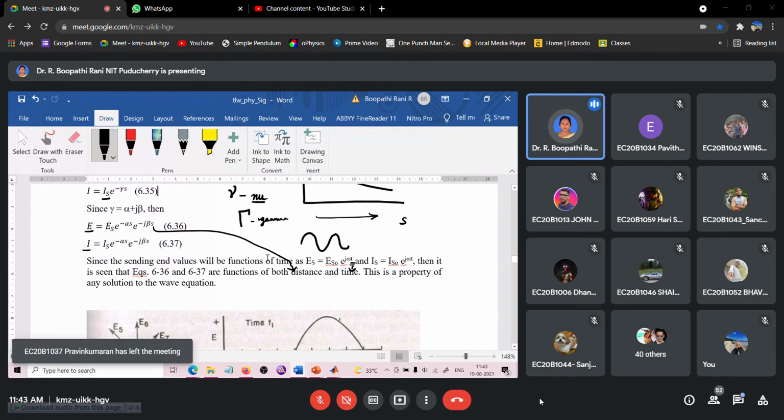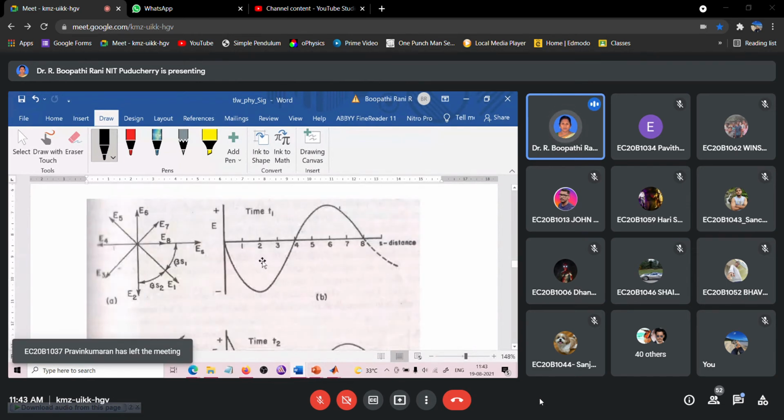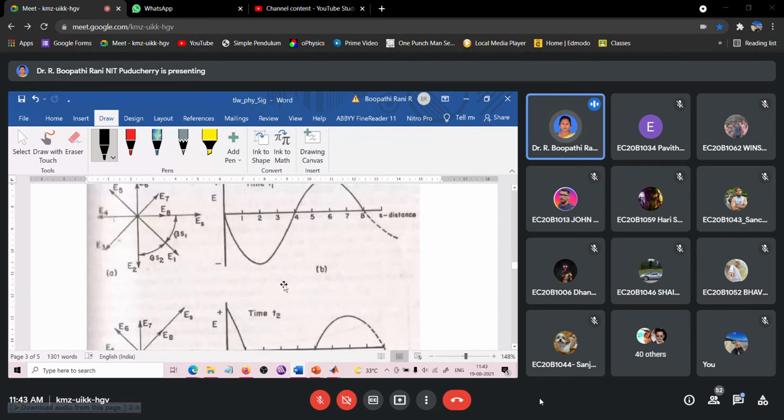If we draw the phase diagram with respect to some particular instant, we will get the wave like this. Consider this is for time t1. The entire wave is divided into 8 sections; we are considering 1/8 of a wavelength. So this is the wave at time instant t1. After one instant t2, what will happen?